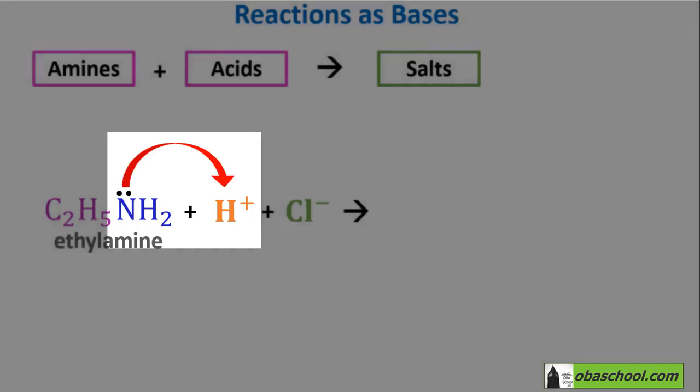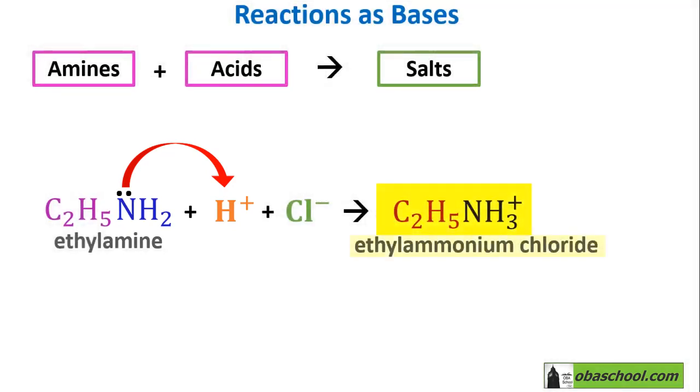So it will become C2H5NH3+, because it gained that proton, plus Cl-. These together, the C2H5NH3+ with the Cl-, form an ionic salt we call ethylammonium chloride.